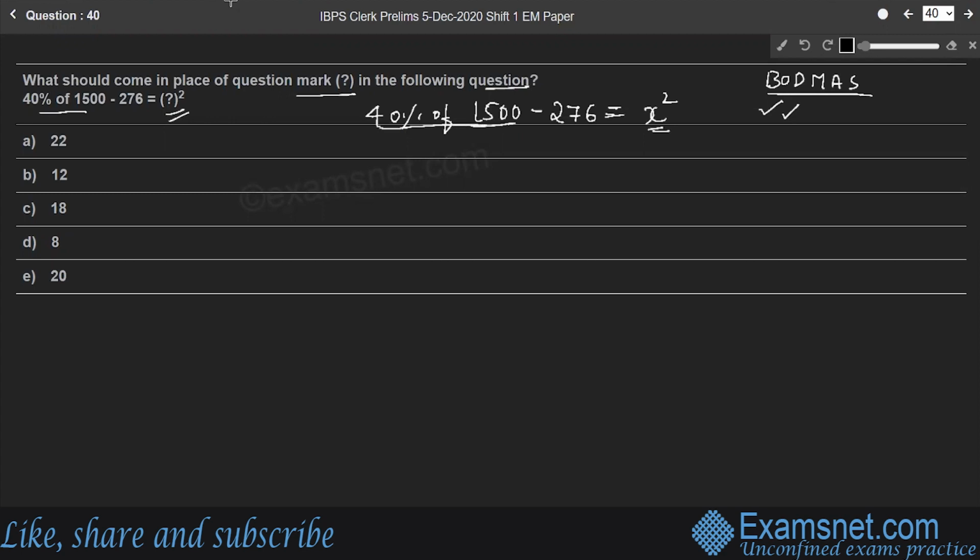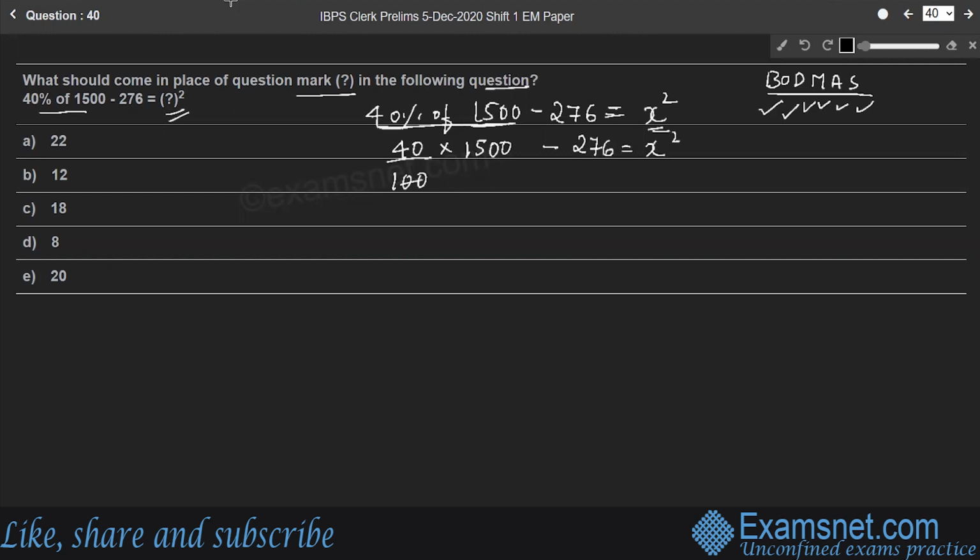Then which is followed by division, multiplication, addition and subtraction, right? Accordingly, 40% means 40 by 100 of 1500, minus 276 is x square.